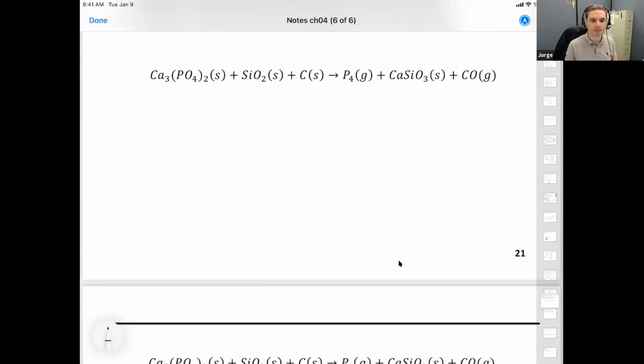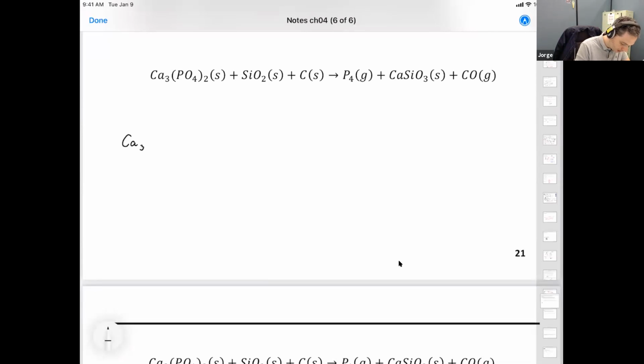Okay, so let's do this together. Then you can see if you got it right or if not. The first goal here is to determine the oxidation number for each element in the equation. So let's start with calcium phosphate.